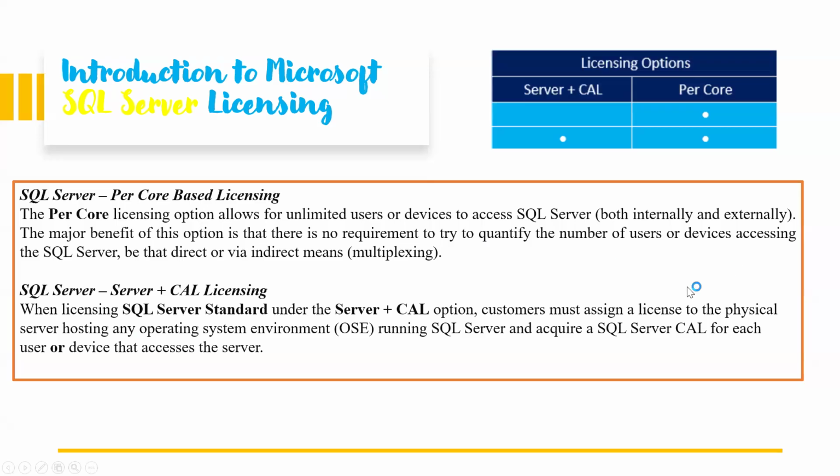Microsoft is going to provide the license key for the Windows operating system, along with that on top of it. Once you provide that key to the Windows operating system where your SQL Server is running, you acquire a SQL Server CAL for each user or device accessing the server. CAL stands for Client Access License.